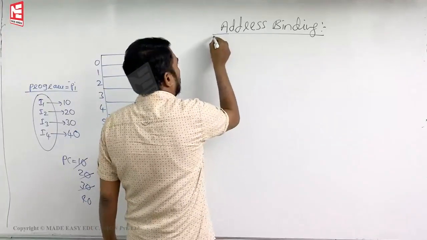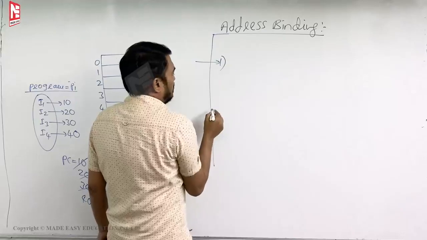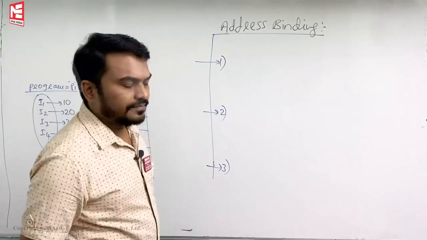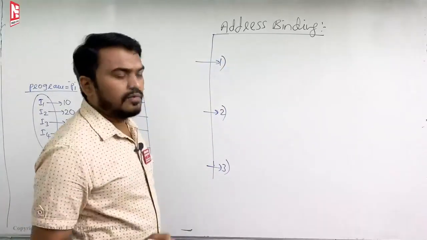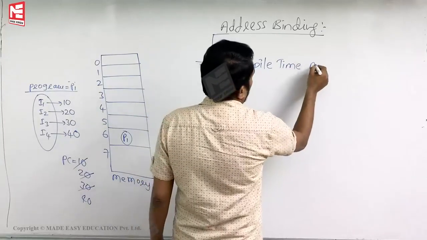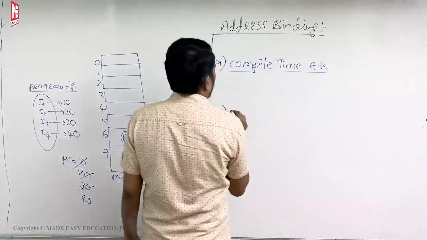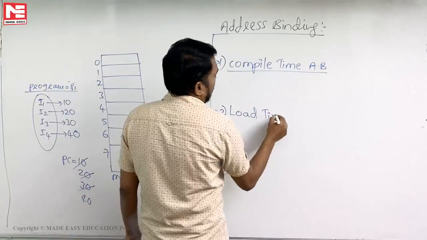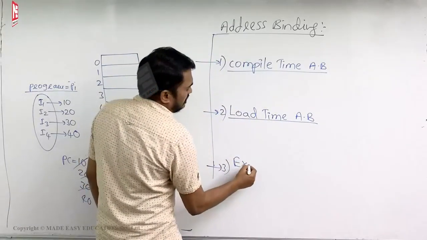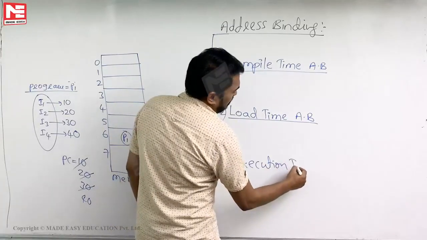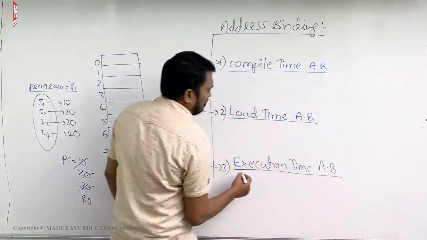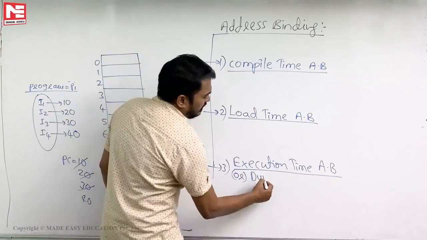Address binding is categorized into 3 types. Understand carefully. Write: Address binding is categorized into 3 types. One is compile time address binding, and next is load time address binding, and next is execution time address binding, or sometimes it is also called dynamic address binding.